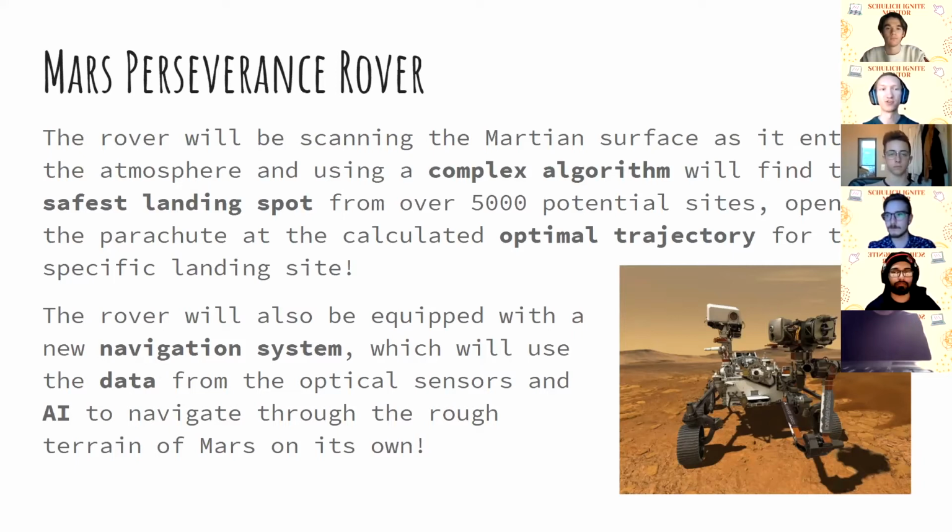And then it's also going to need to calculate the trajectory for opening its parachute to be using for that particular landing site. The rover is also equipped with a navigation system, and that uses data from its optical sensors. And there's also some AI that it uses to be navigating through the surface of Mars on its very own. So a lot of software is needed for this rover to actually do what it's supposed to do.